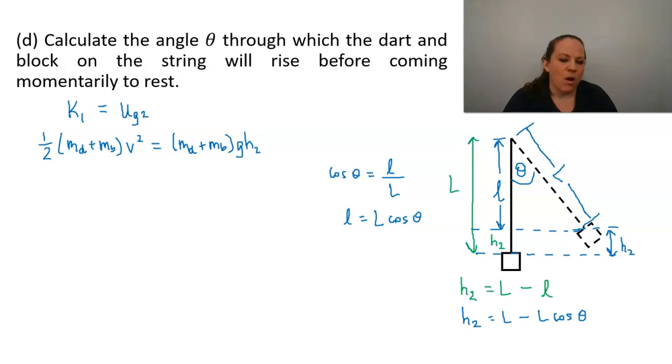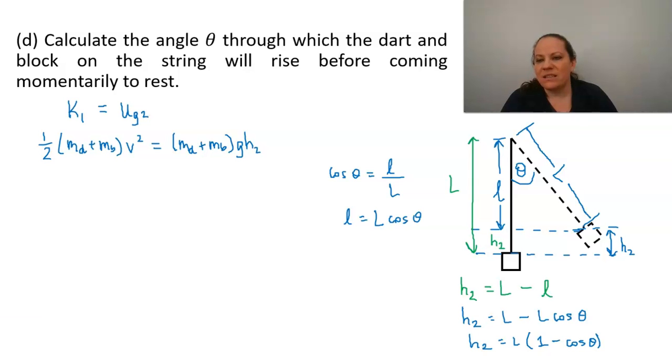And I'm going to take it one step further and factor out the capital L to make it capital L times the quantity 1 minus cosine theta. So now we have something we can go plug in for the height.